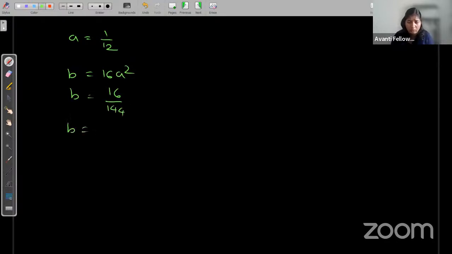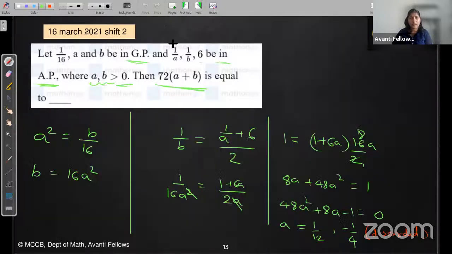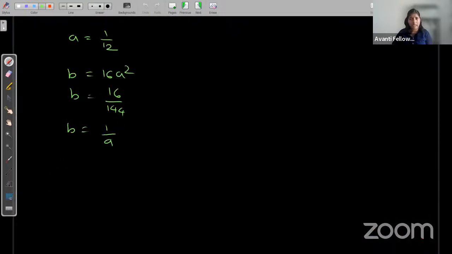So the B value will be equal to 1 by 9. Now they're asking us to find the value of 72 into (A plus B). So 72 into (A plus B) will be equal to 72 into (1 by 12 plus 1 by 9). Just compute this, it's going to be 14.